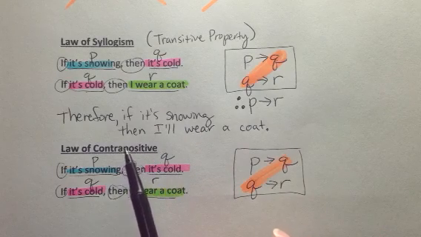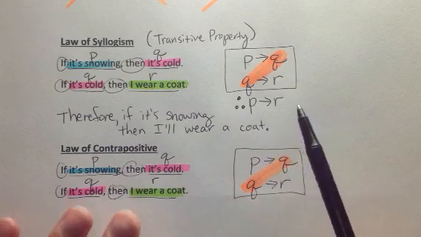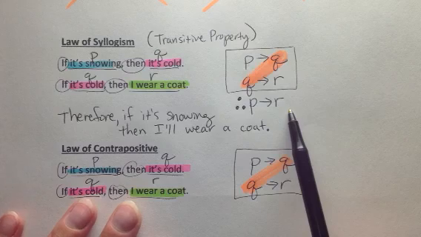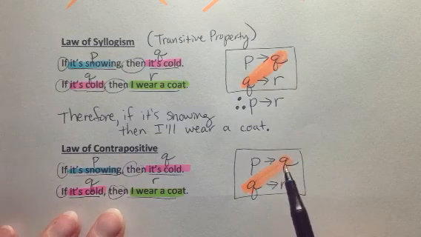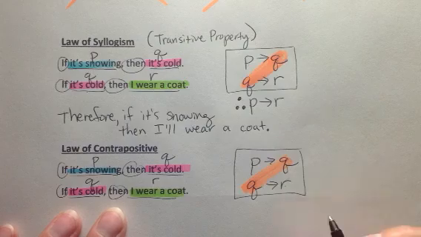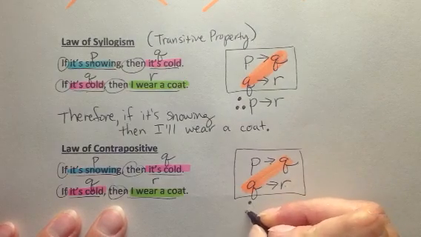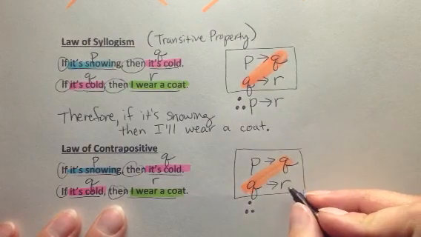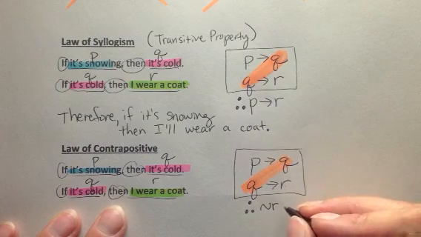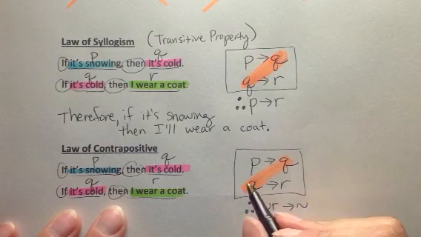Remember the contrapositive, we're going to go backwards and negate. So the contrapositive of this would also have to be true. It's logically equivalent. So in other words, we're going to start here and go back to P, but we're going to negate. So our conclusion would be, therefore, if not R, then not P.